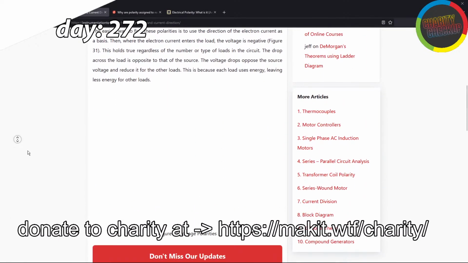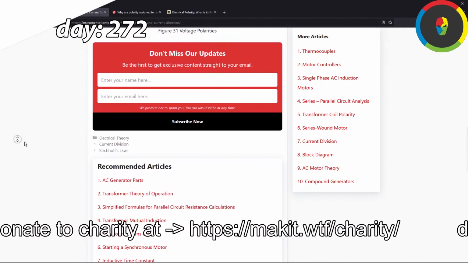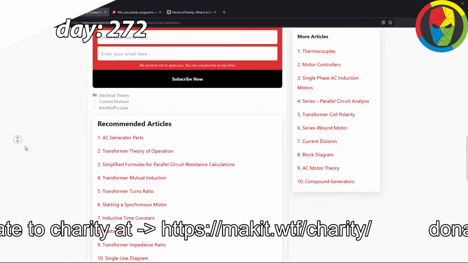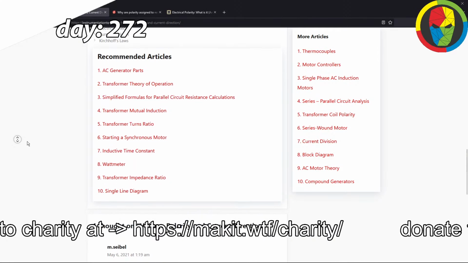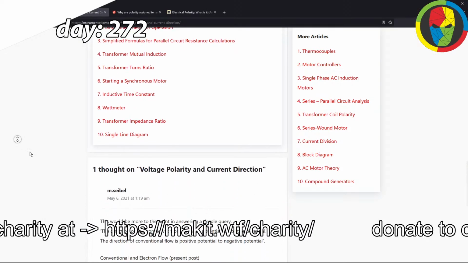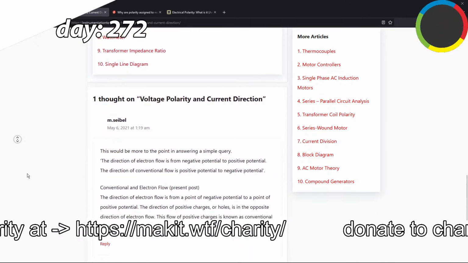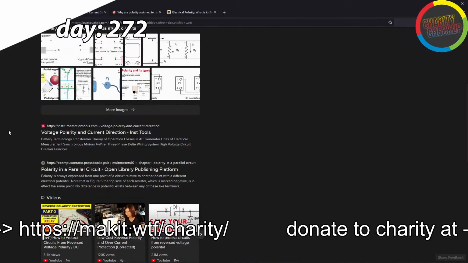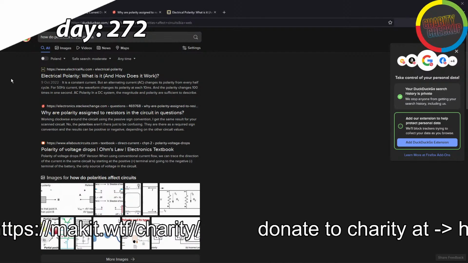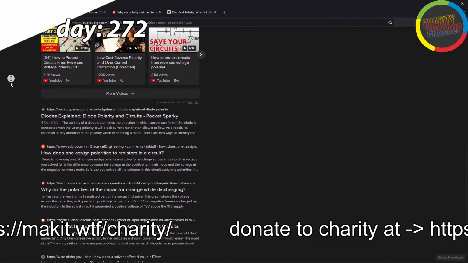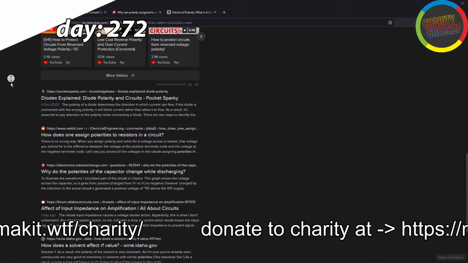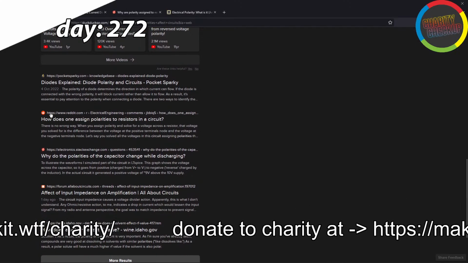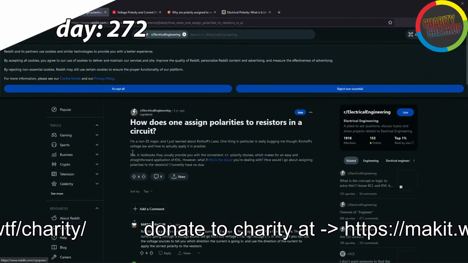I want the how it affects the circuit bit. Why assign polarities to resistors in a circuit? Fair question.